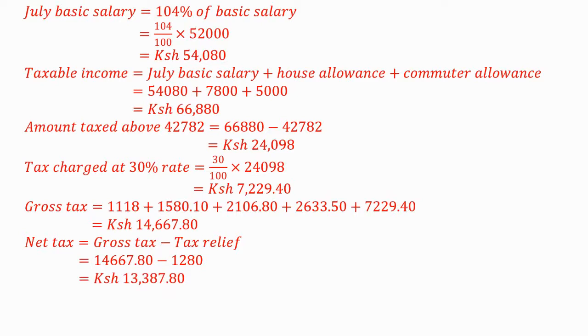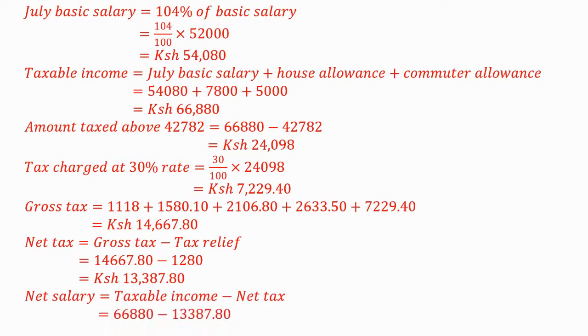So the net salary for July was the taxable income minus the net tax, which is 66,880 minus 13,387 and 80 cents, hence equals 53,492 and 20 cents.